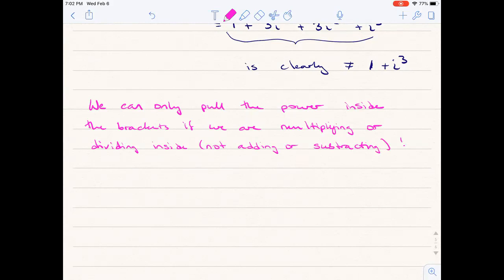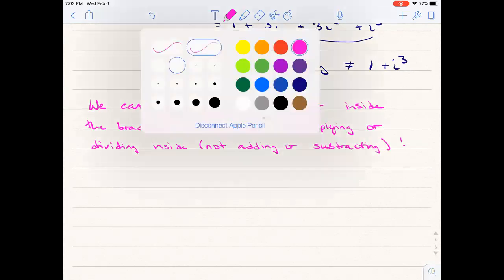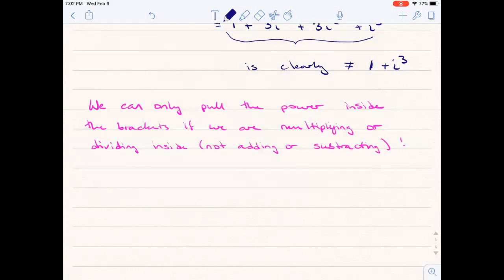So that's really important. Otherwise, you'll have some illegal math.